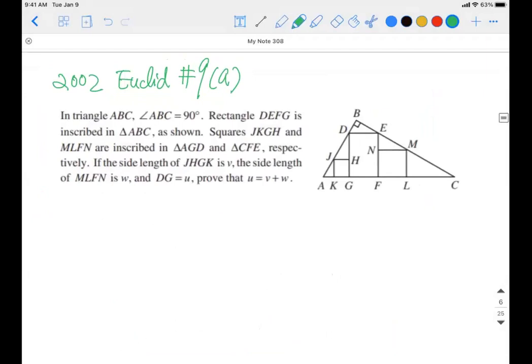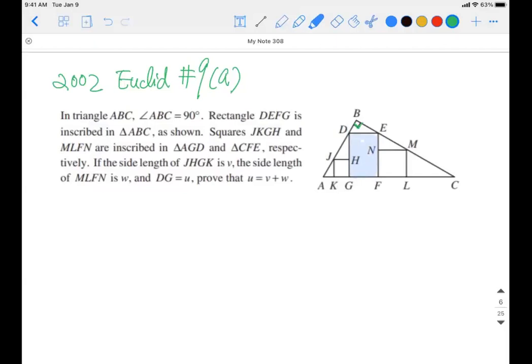So the question says, in a triangle ABC, the angle ABC is equal to 90 degrees. So this is 90 degrees. Rectangle DEFG is inscribed in triangle ABC. Okay, so let me try to highlight it. So this, the blue one, is a rectangle.